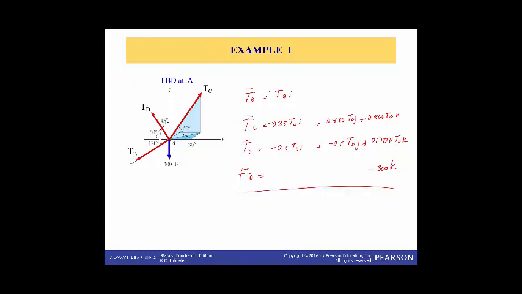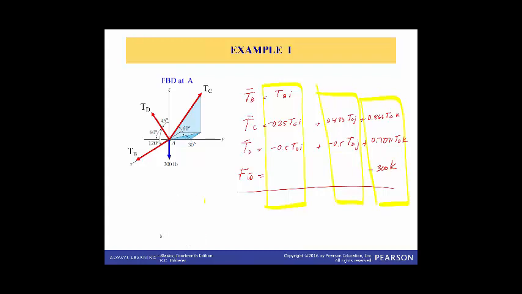I like to put it in this way because then each one of these is one of your equations. So this will be equal to 0, 0, and 0. So those are the three equations.